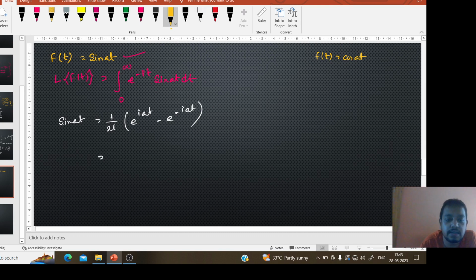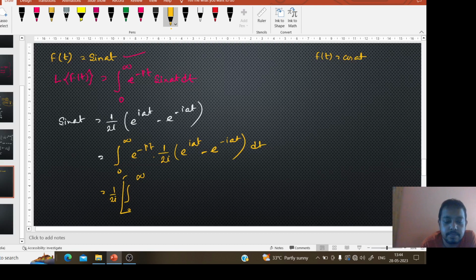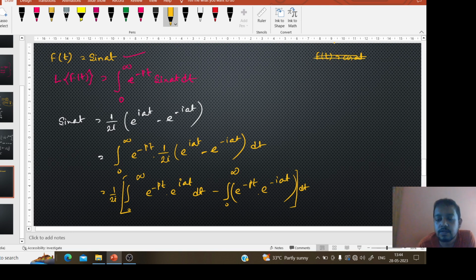So now from here we can write the integral from 0 to infinity of e to the power minus pt into (e to the power iat minus e to the power minus iat) dt. And we can write it like this. Now I think up to this step it is clear to you.